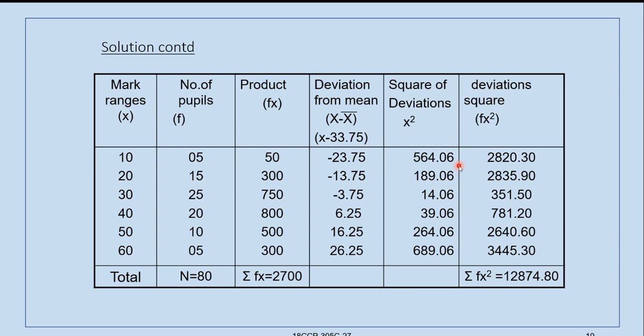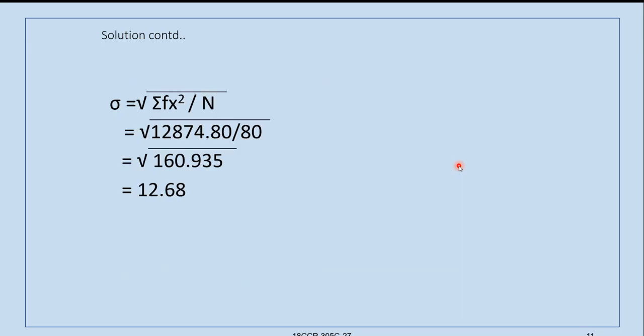So we are taking the sum of fx square, that is sigma fx square. Now we are calculating the standard deviation by using the formula under root sigma fx square by n. Finally, the standard deviation is 12.68.